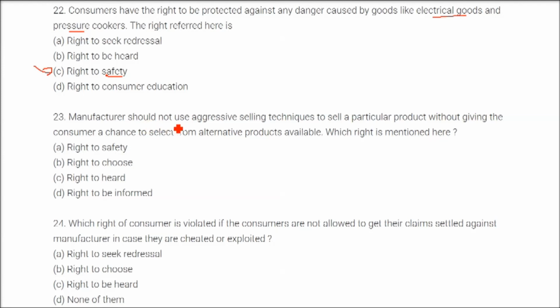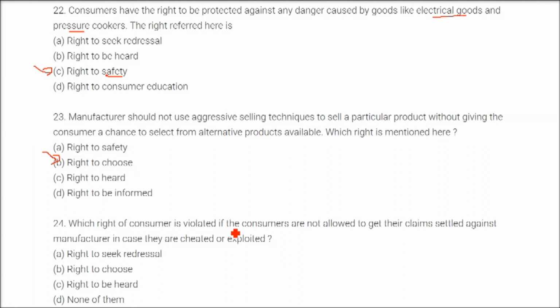A manufacturer should not use aggressive selling techniques to sell a particular product without giving the consumer a chance to select from alternative products available. Which right is mentioned here? This is right to choose. Everyone has a right to choose what they want to buy and what they don't want.